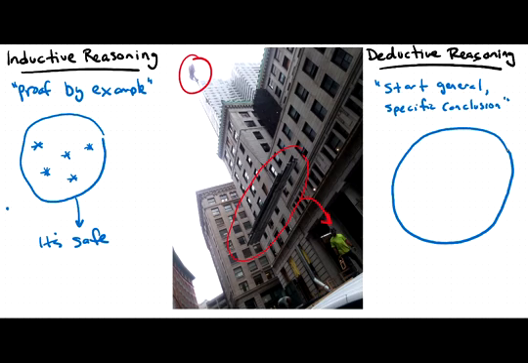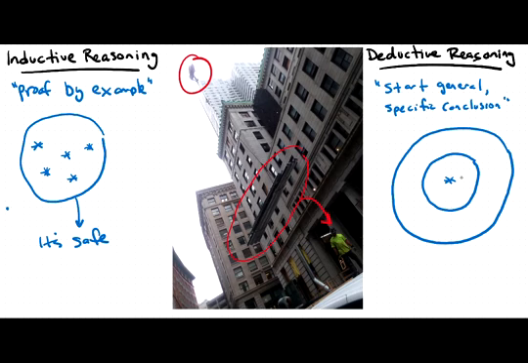So all construction vehicles have to abide by safety standards. This is a construction vehicle. Therefore, this vehicle is safe. Okay, so that's a deductive argument.